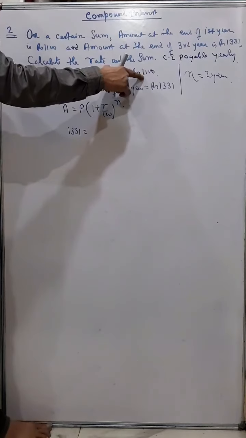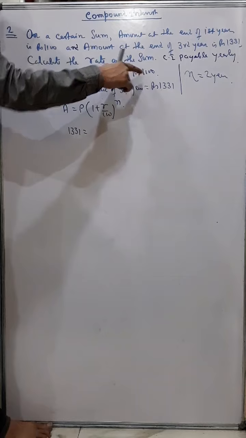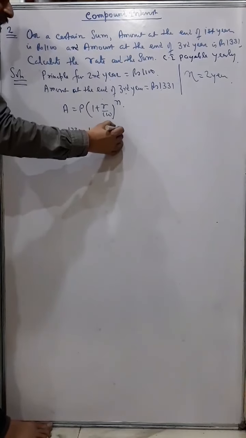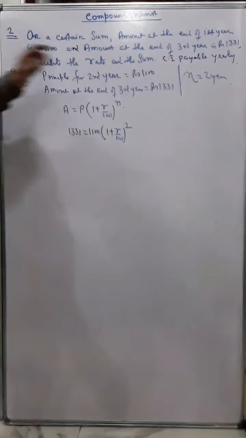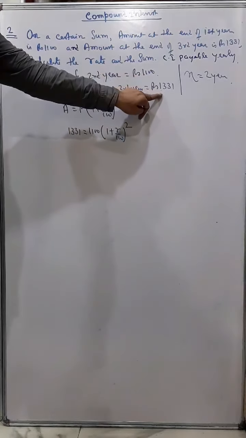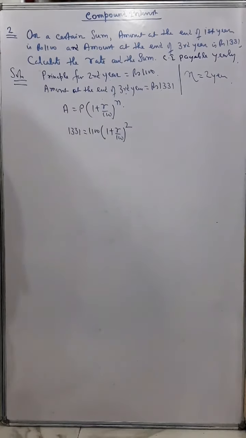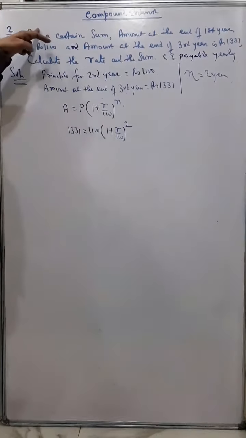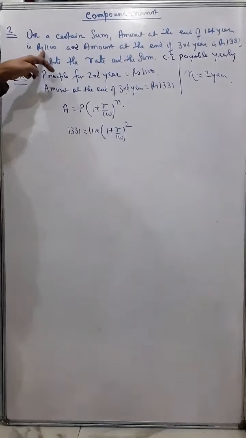Although this is not the original principal, this is the principal for the second year, but I am taking the principal for the second year here, no problem. 1 plus rate, I don't know, but I can put 2 years, because from 1100 to 1331, how much time has it taken? 2 years, and therefore I am taking 2 years. So from this we can get the value of R, and from this R we can get the original principal, because we know the amount at the end of the first year.